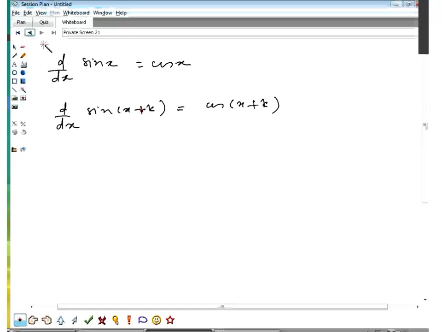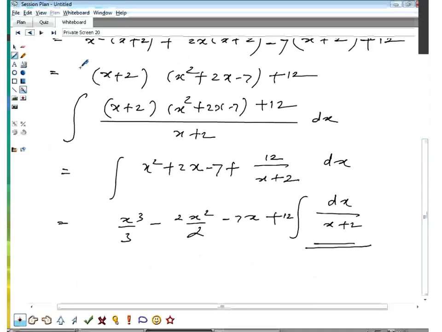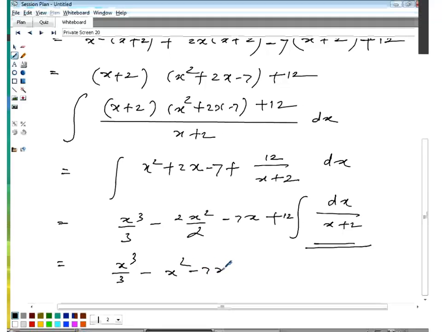So from that understanding, you can possibly say that if d dx of log x is 1 upon x, then d dx of log of x plus 2 should be 1 upon x plus 2. So that way you can get the answer. But there is a systematic method to handle this type of situation, which is the method of substitution, that we will discuss later.